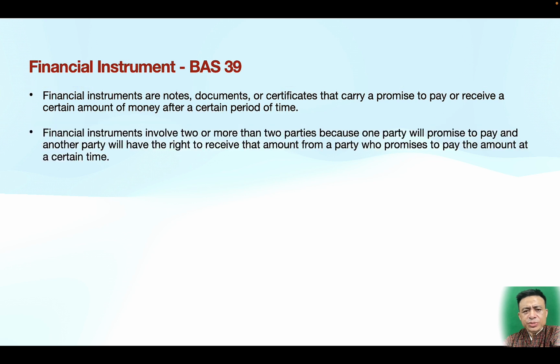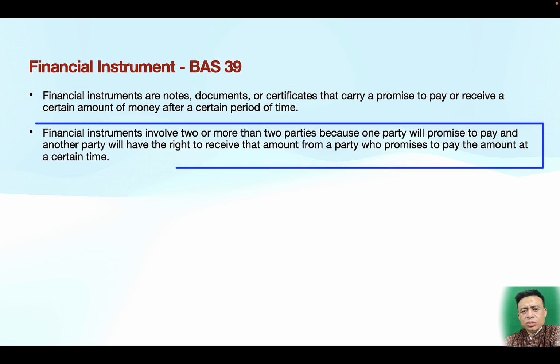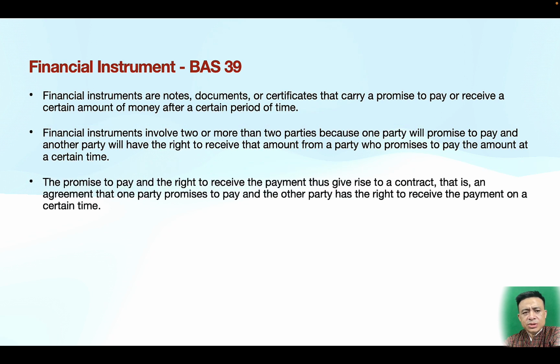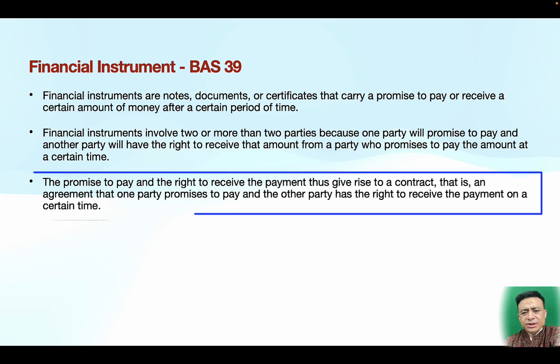The financial instrument involves two or more parties, where one party promises to pay and another party has the right to receive that amount from the party who promises to pay at a certain time. The promise to pay and right to receive the payment give rise to a contract.